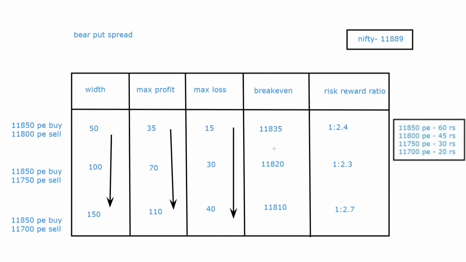This means that a 50 point width has more opportunity to get you some profits, right? क्योंकि इसका break even थोड़ा नीचे, थोड़ा ऊपर है, right? And 100 and a 150 point width, the break evens are a bit lower, right? Because you are paying higher debit over here, right? तुम ज्यादा पैसा भर रहे हो यहाँ पर. So your break even comes down over here, right? As simple as that. So this was the concept of the width of a debit spread.